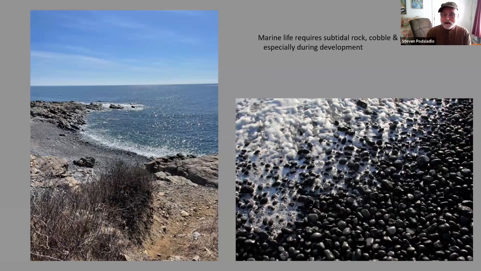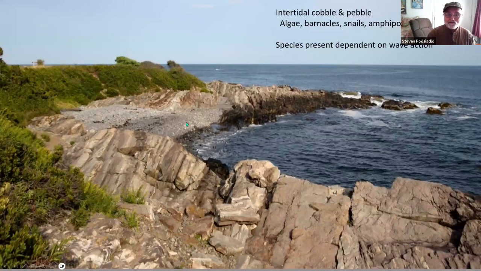Marine life requires subtidal rock, cobble, and pebbles, especially during development. If you note this beach here, that is the same beach as shown right here. This is the East Point Sanctuary in Biddeford.